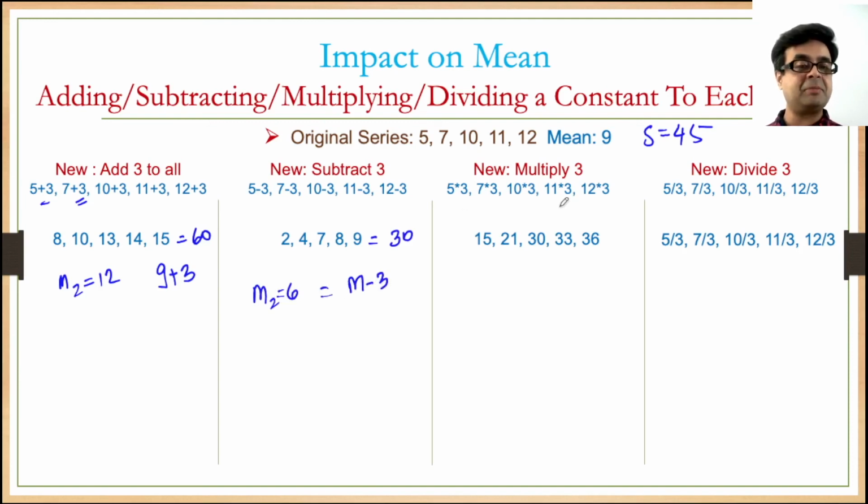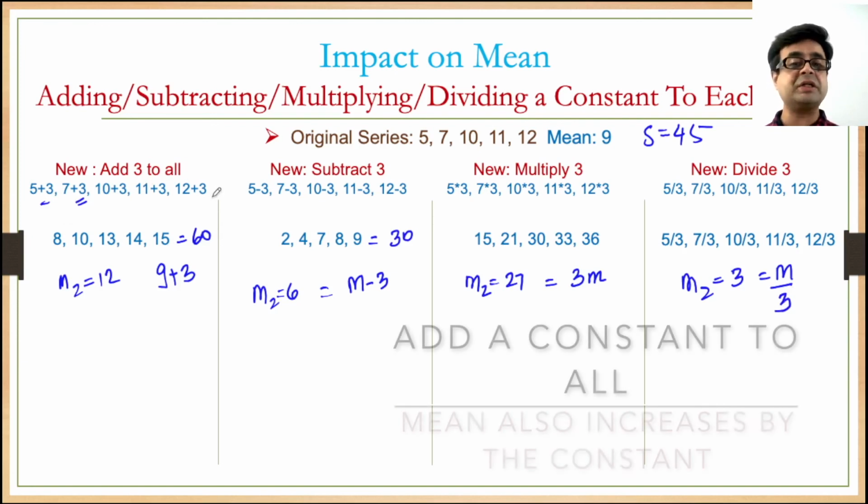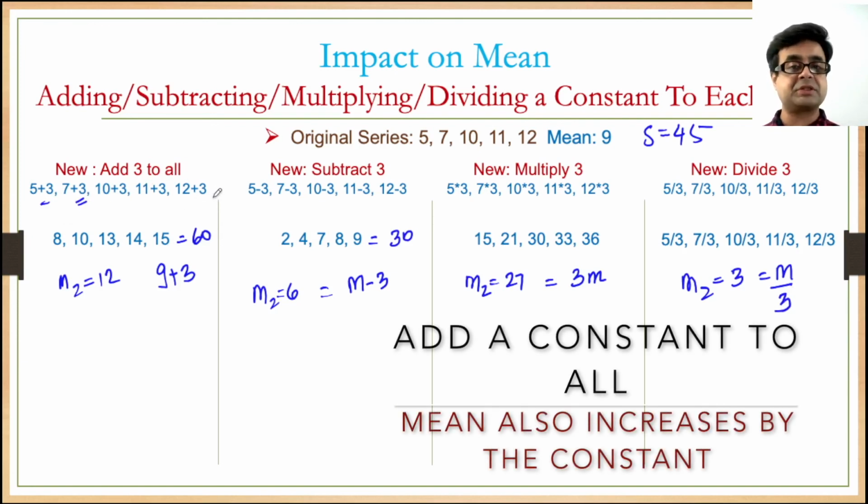Similarly, when I multiply each number by 3, I get a new mean of 27, which is nothing but 3 multiplied by my original mean. And finally, I will get a new mean of 3, which is nothing but my original mean divided by 3. So what is happening here is, when I'm adding a constant number to all the numbers in the series, the mean also gets added by the same number.